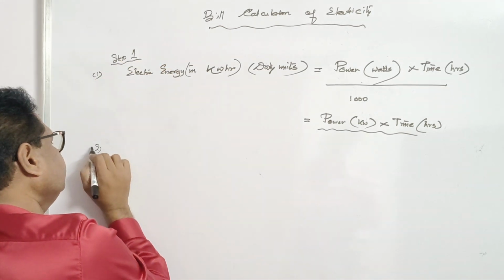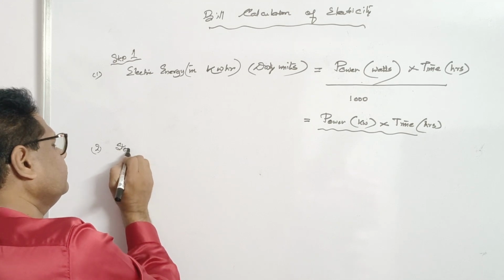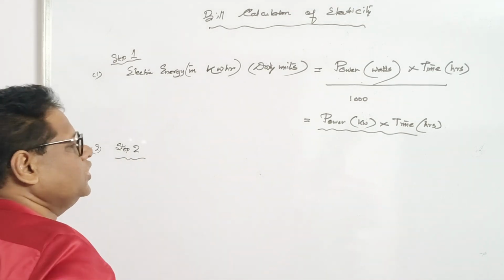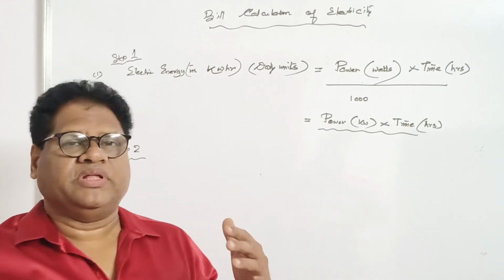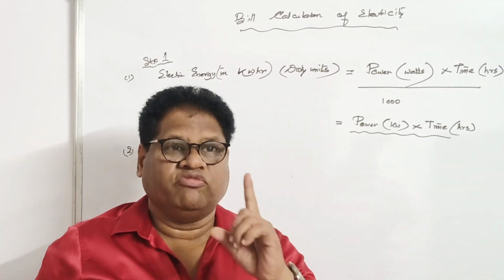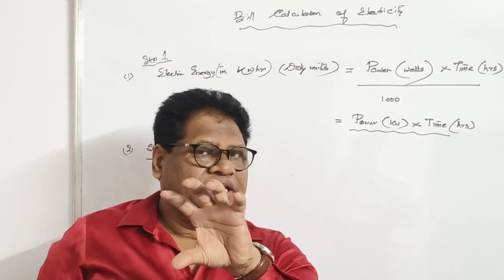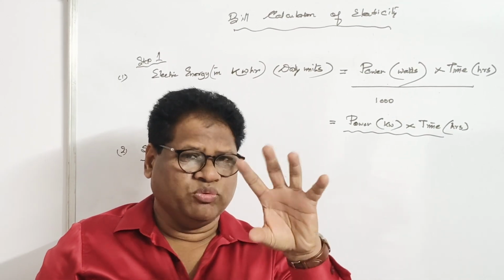Now in step 2, you have to find the total units consumed in a particular period of time, like if you are paying monthly. In 1 month, how many units the electric meter has recorded, that you want to know.